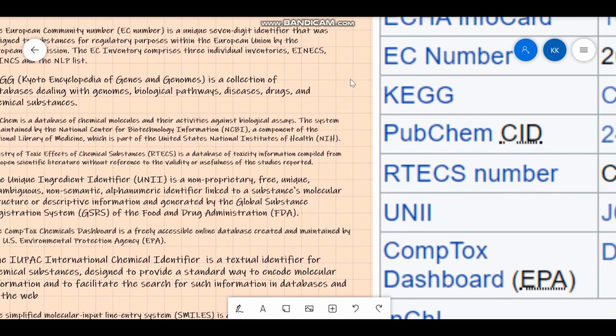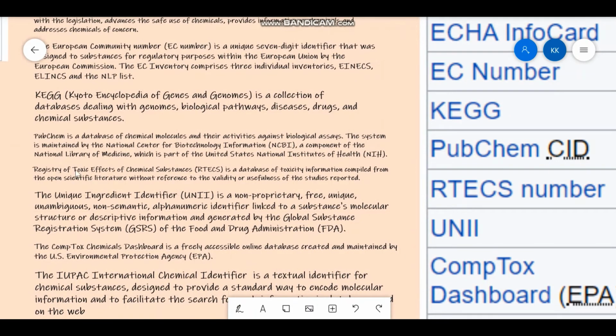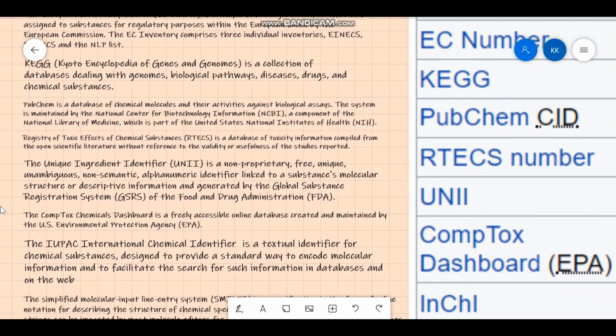Next we have the RTECS number. The Registry of Toxic Effects of Chemical Substances (RTECS) is a database of toxicity information compiled from the open scientific literature without reference to the validity or usefulness of the studies reported. Next we have the UNII.